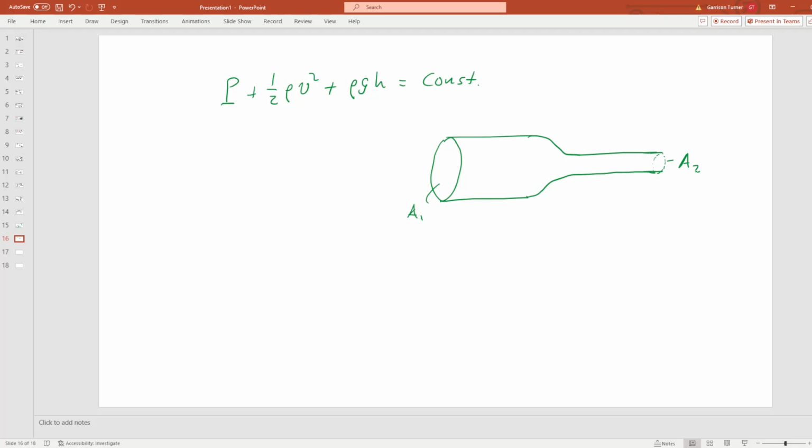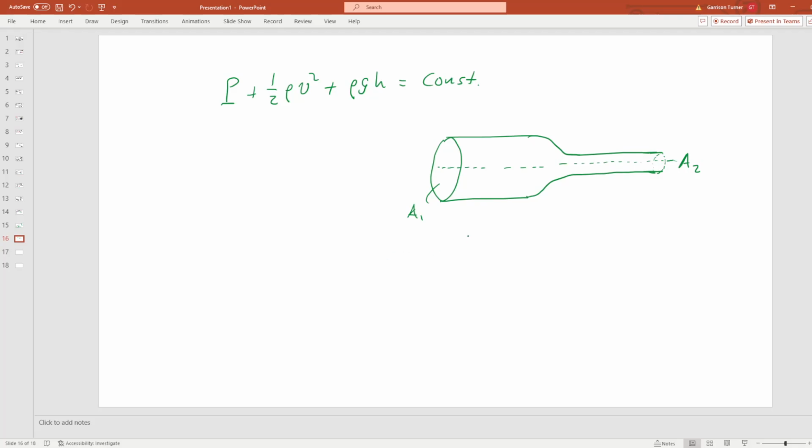For the moment, we're going to assume that there's really no change in potential energy. The central axis of the pipe doesn't change height, so there's no net change in height for any of our mass elements of water.